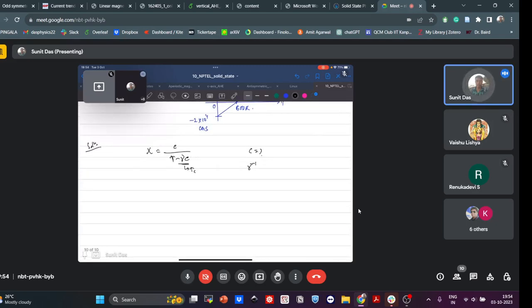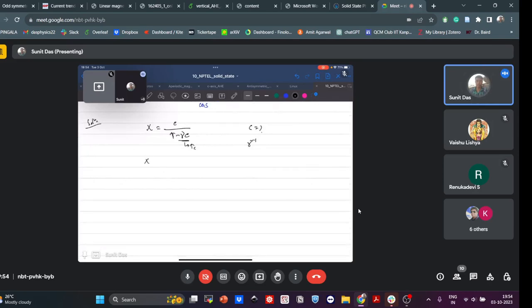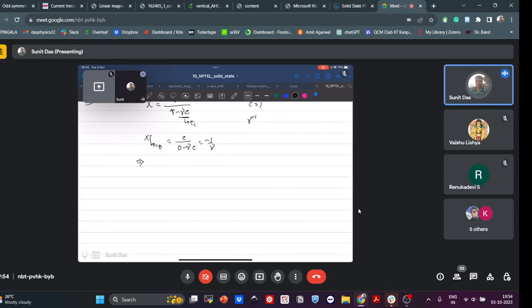So let's see how we can find this. At t equal to 0, chi becomes C by 0 minus gamma C, meaning chi inverse equals minus gamma.